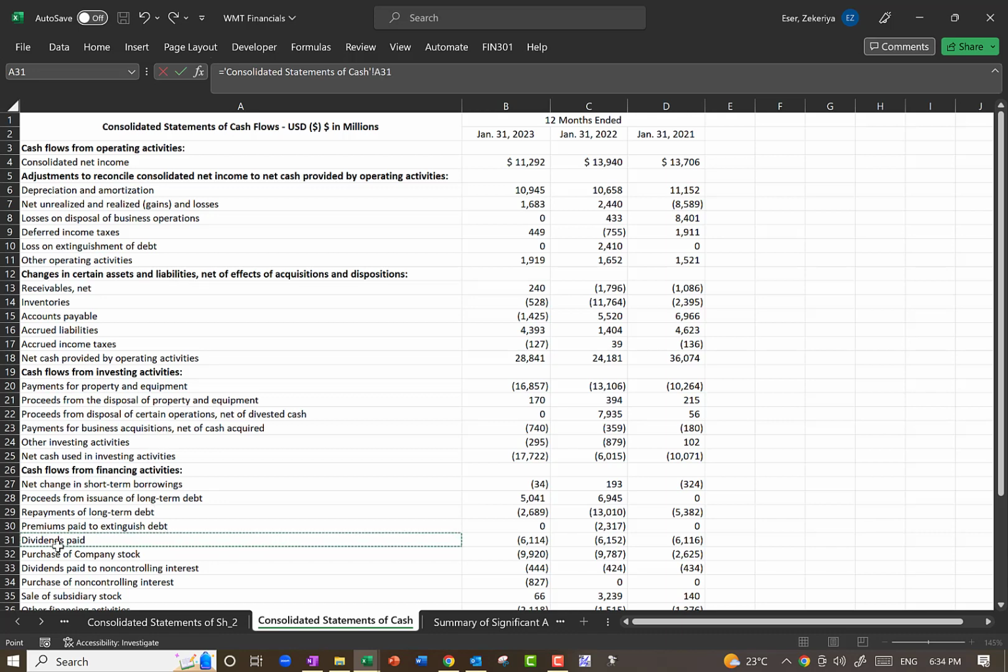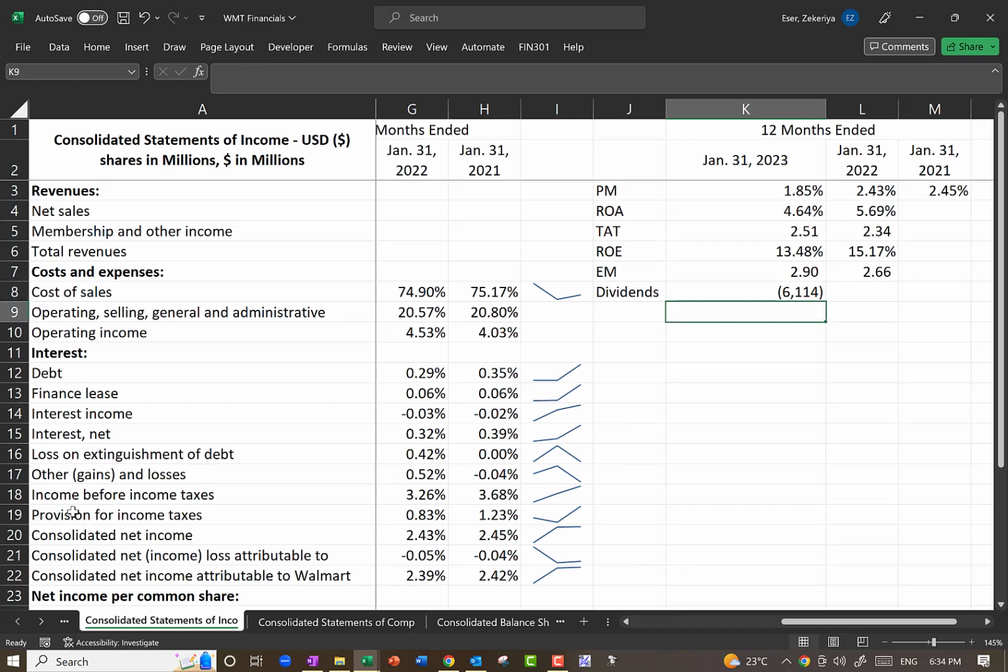Oh, right here. Dividends paid. Since they're written as an outflow, I'm going to put a negative sign in front.